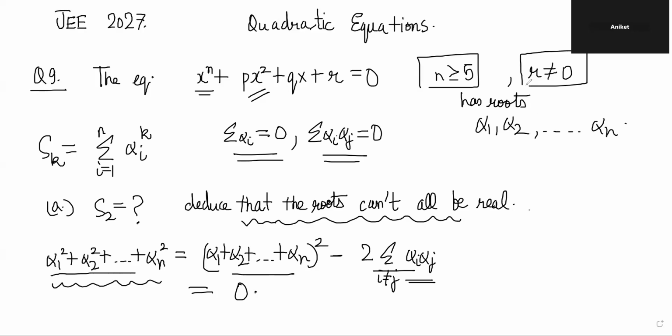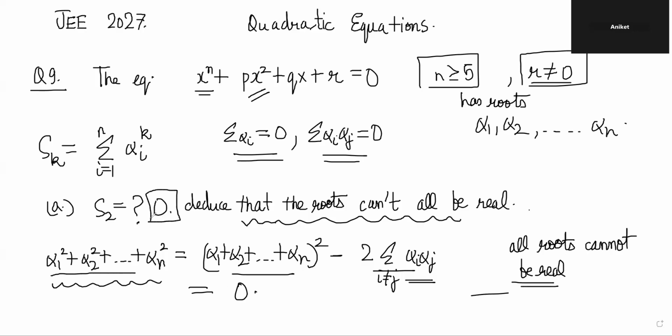It is not possible for all roots to be 0, because r is non-zero. So all roots cannot be real. So S2 is 0, and we have proved that all roots cannot be real.